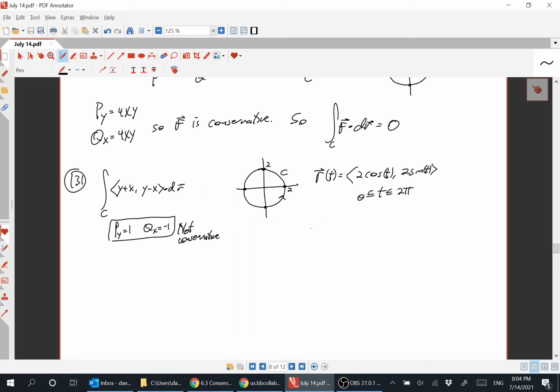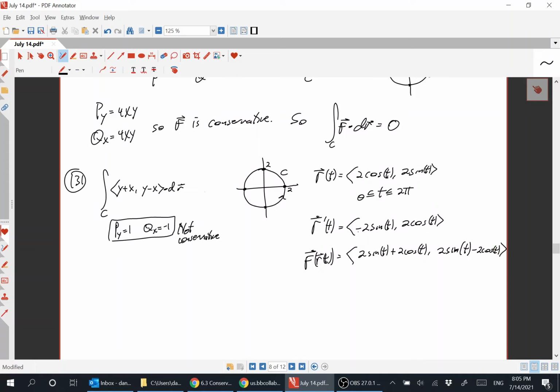So that's r of t. So r prime of t is minus 2 sine t, 2 cosine t, and F of r of t. So y plus x, that's 2 sine t plus 2 cosine t, comma, y minus x, 2 sine t minus 2 cosine t.